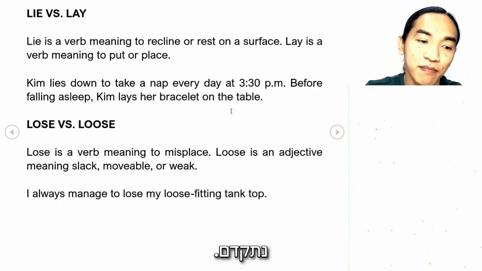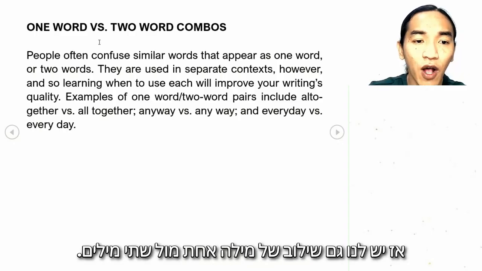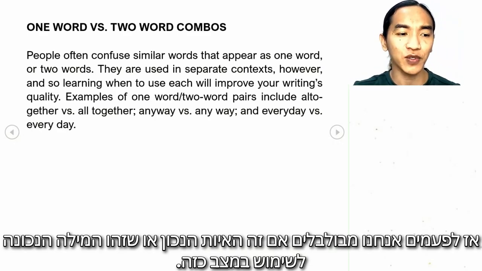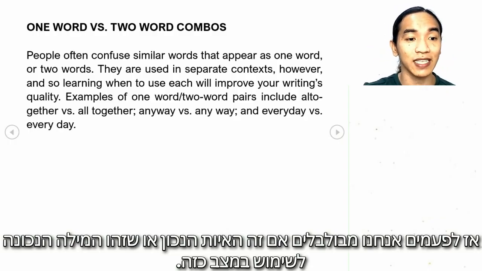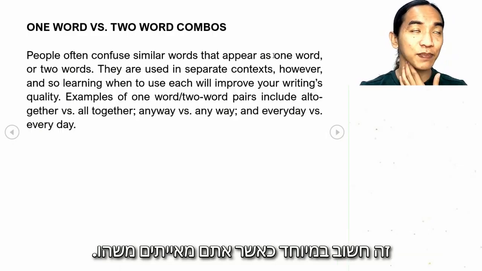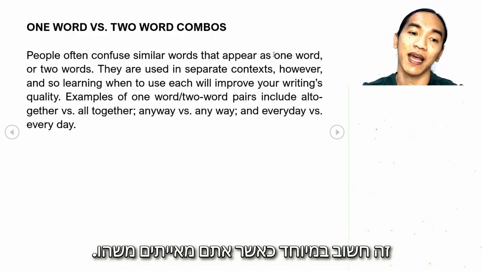All right, moving forward. We also have one word versus two word combinations. Sometimes we are confused if this is the right spelling or the right word to use in such situations. People often confuse similar words that appear as one word or two words. This is particularly important when you are spelling something.